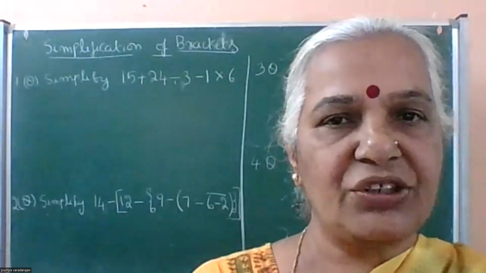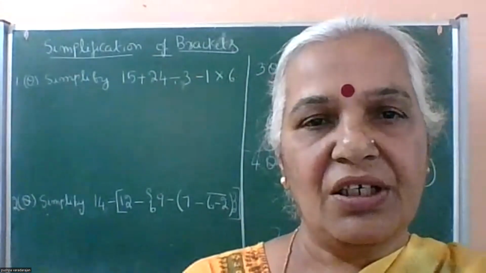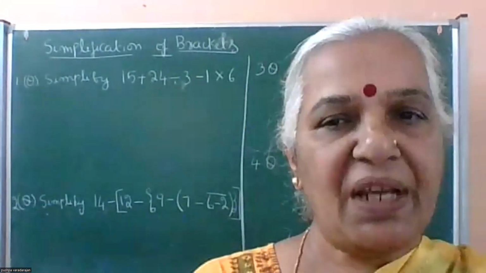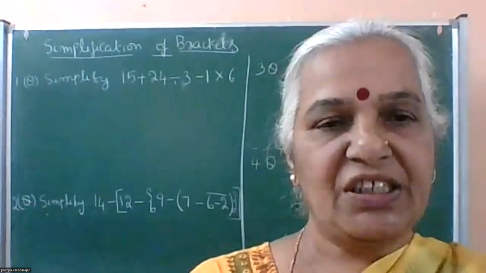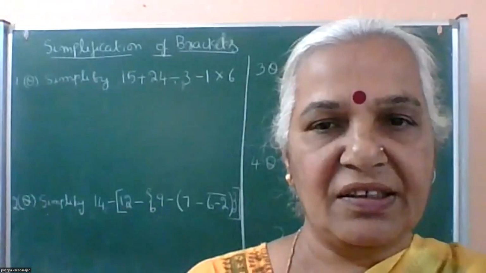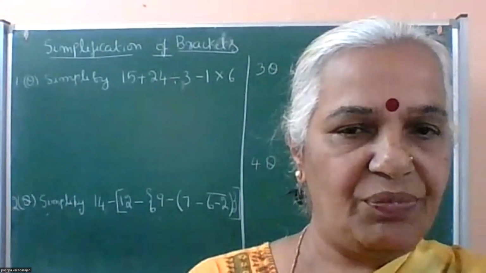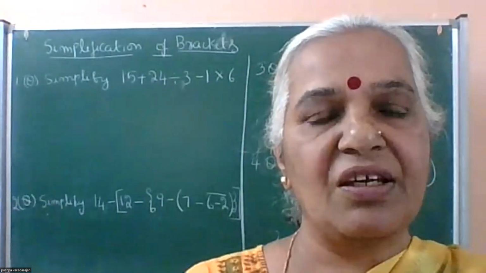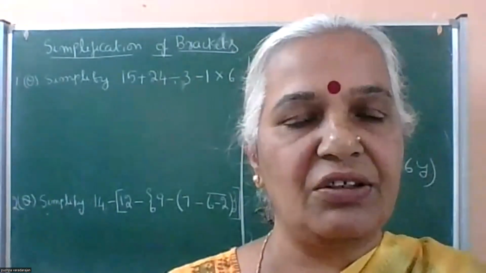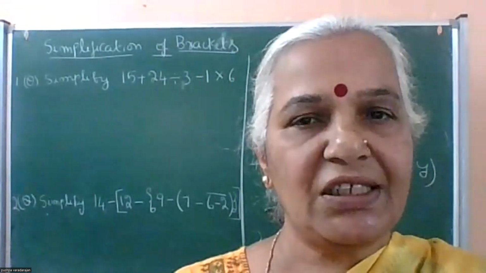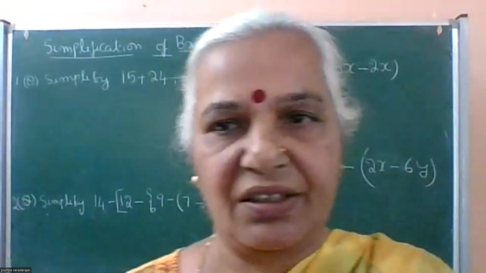And the next rule is that we use in algebra, where if the bracket is followed by a plus sign, we just remove the bracket without changing the sign of any number inside the bracket. And when the bracket is followed by a minus sign, then we have to change the sign of each and every term inside the bracket.